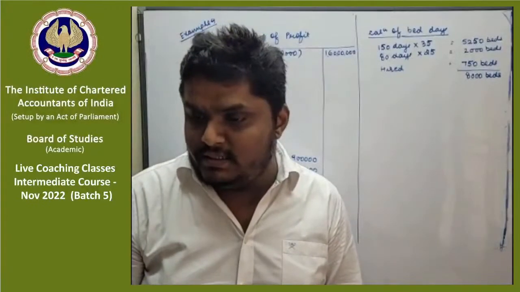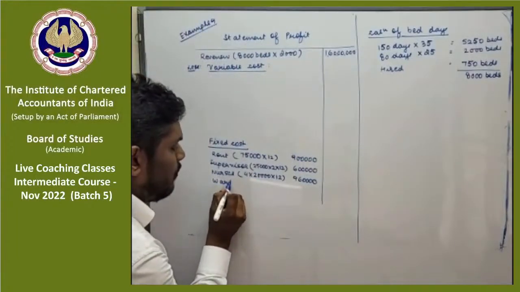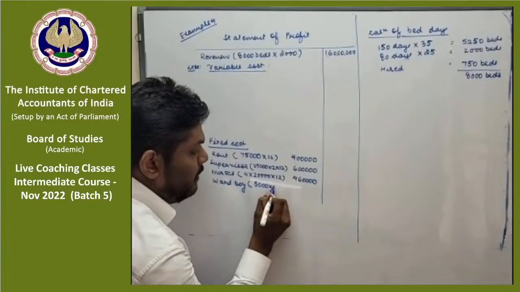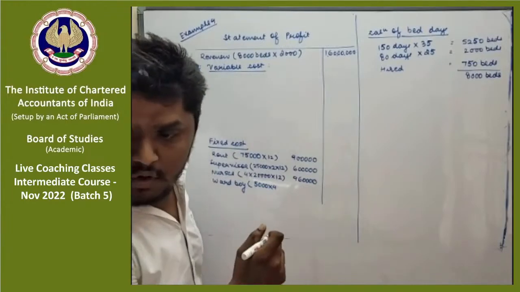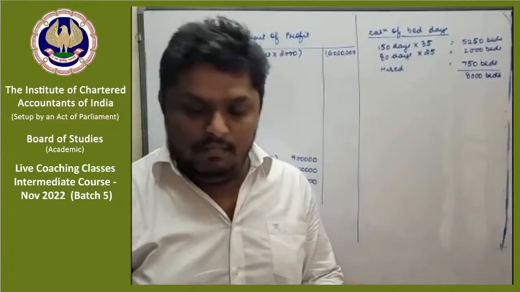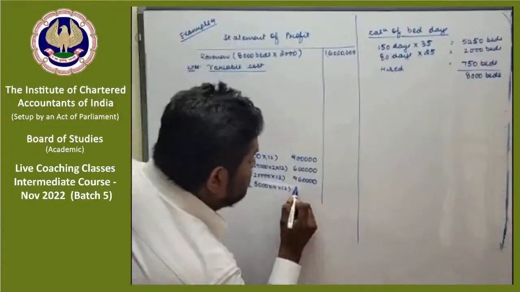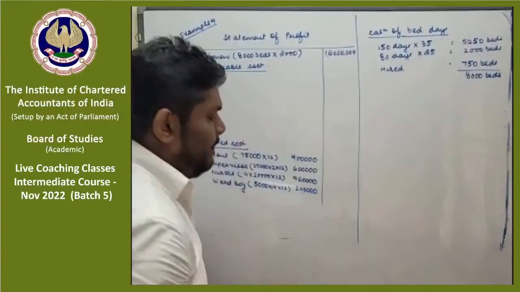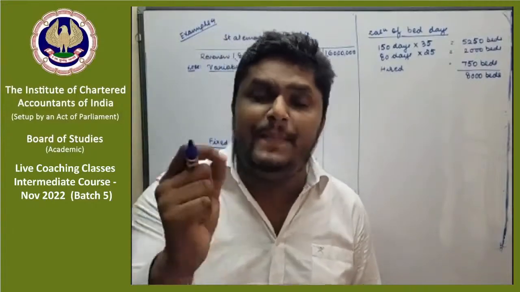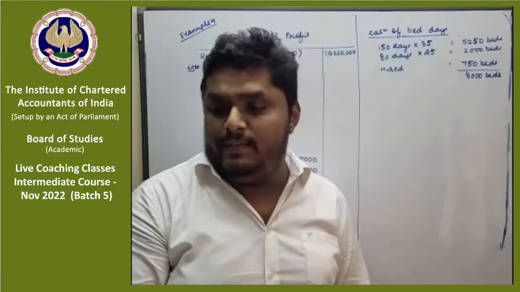So supervisor, nurses, then ward boy, ₹5,000 per person into four ward boys into 12. This will be 2,40,000. Now the doctors are paid 2,50,000 per month depending upon the number of patients attended and the time spent. So this will be variable cost.